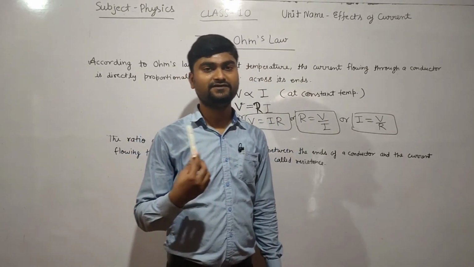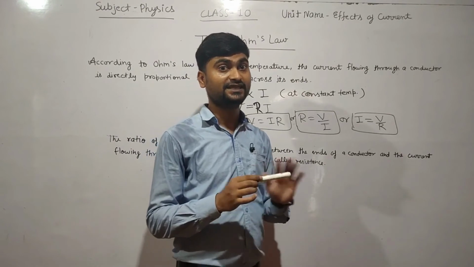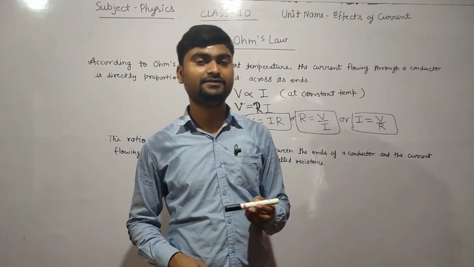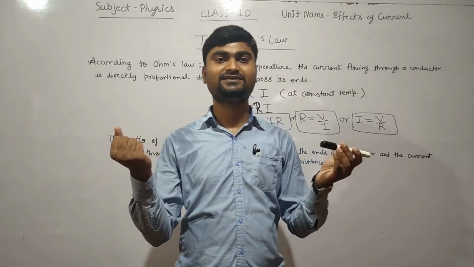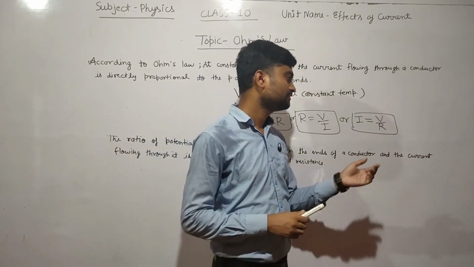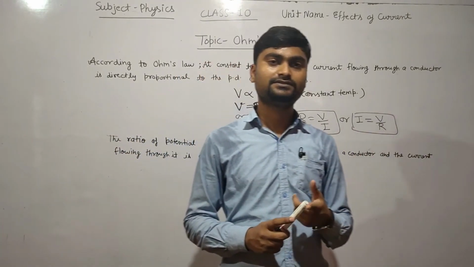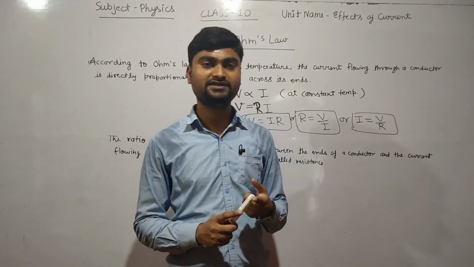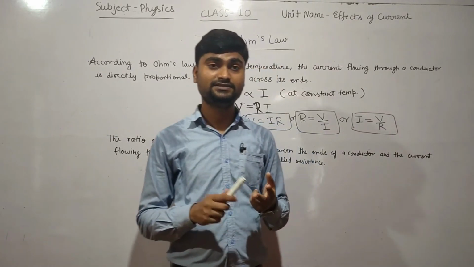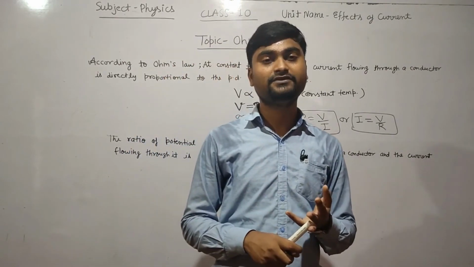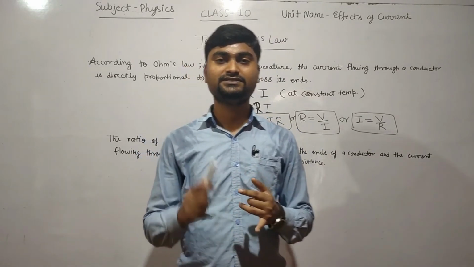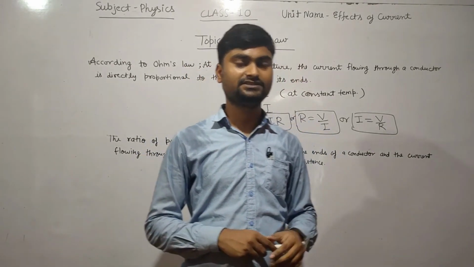Different materials have different resistance for the same dimensions. If the length and the area of cross section are the same but the materials of the two conductors are different, then their resistances are different. So the nature of the material is a factor for resistance, and the length of the conductor, the area of cross section, and the temperature of the conductor are also factors.